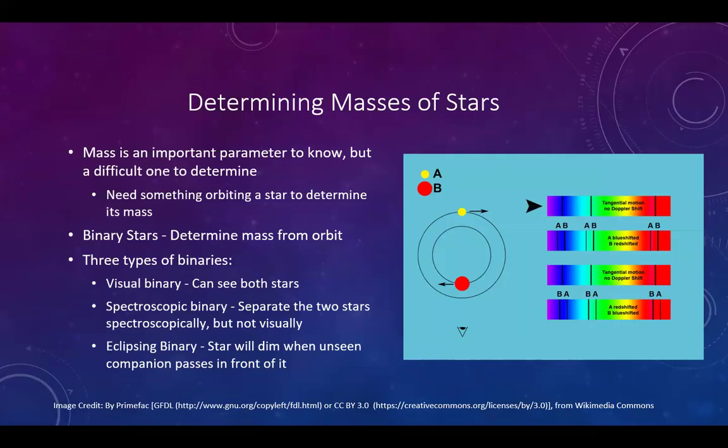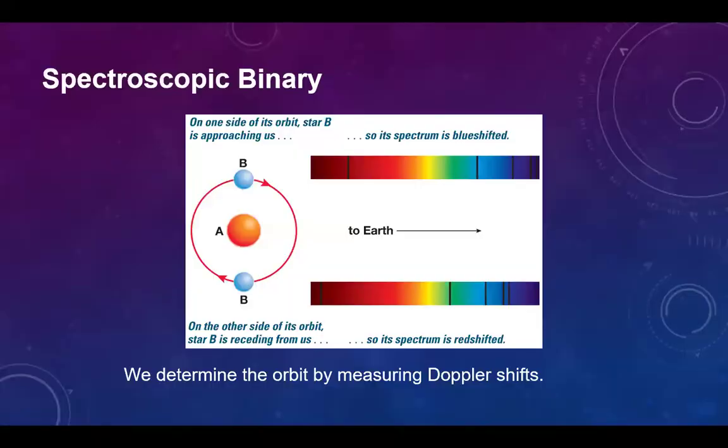We can measure those, and as they change, we can work out the period as well. When on one side of the orbit, star B is approaching us, so its spectrum is blue shifted, while on the other side it's red shifted. This gives us its speed and its period, because you can measure this shift over time, and then you can determine the orbit.